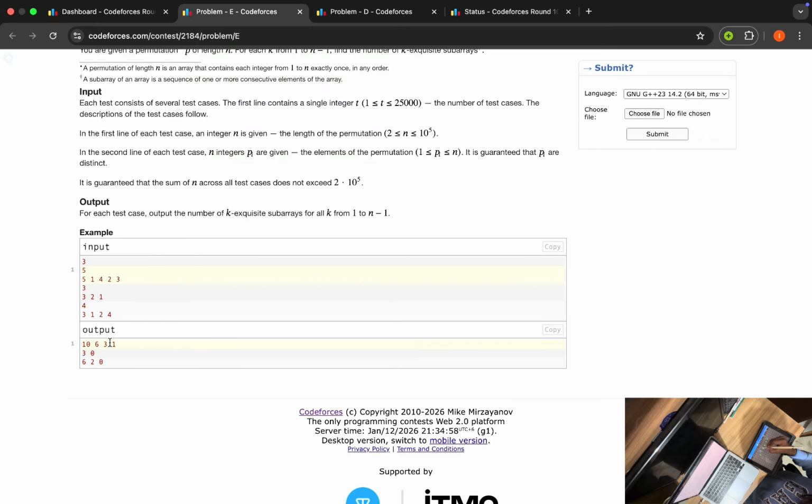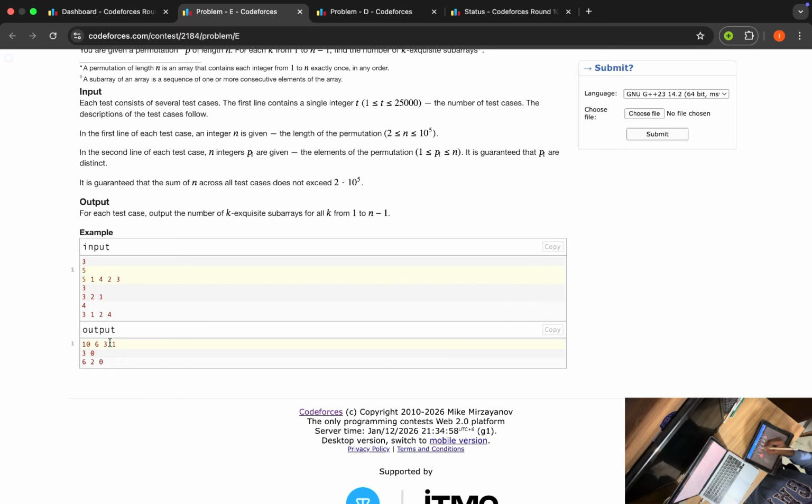Two, difference is 5, difference is 4, difference 2, difference 1. Okay, contribution of this value is actually 0. Contribution of this value is, it goes like boom, 1, 2, 3, 4, 5.